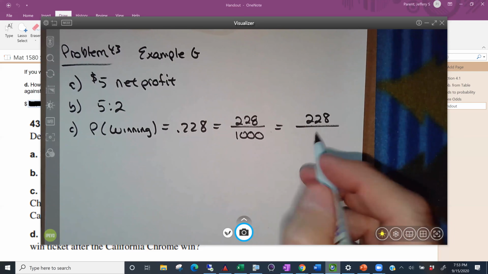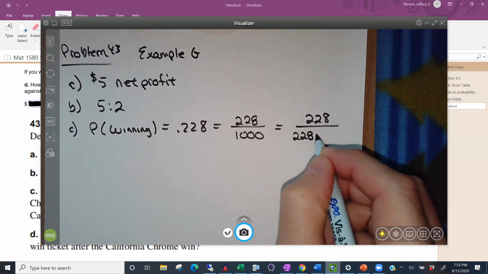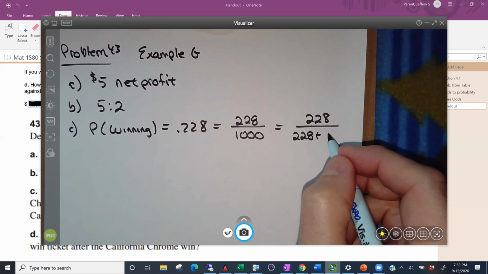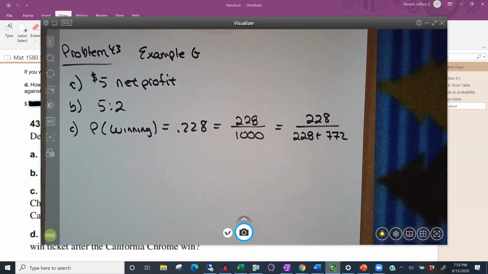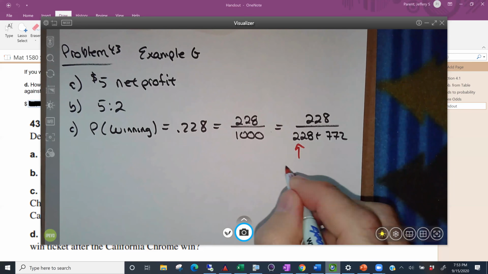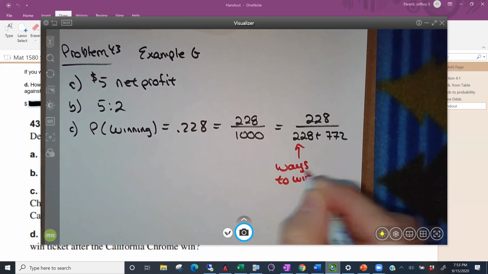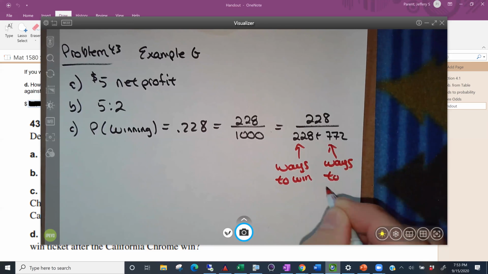Subtract 228 from 1,000. Good. So 228, and subtracting that from 1,000 is going to give me, what, 772? So this is the ways to win. This is the ways to lose.